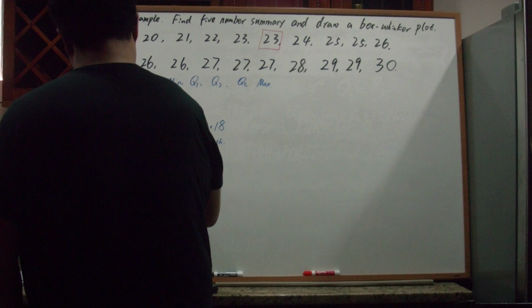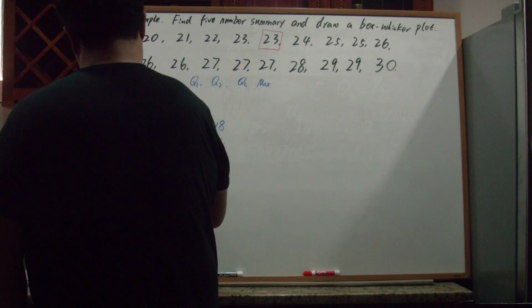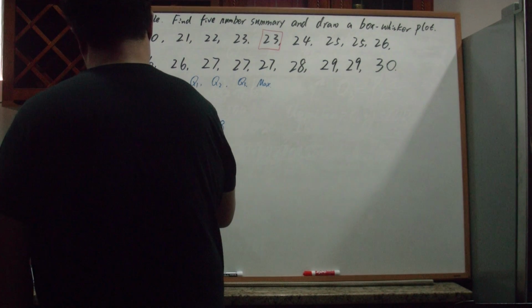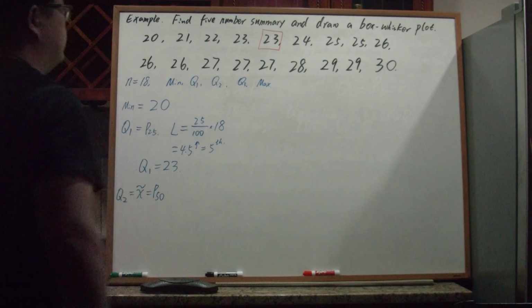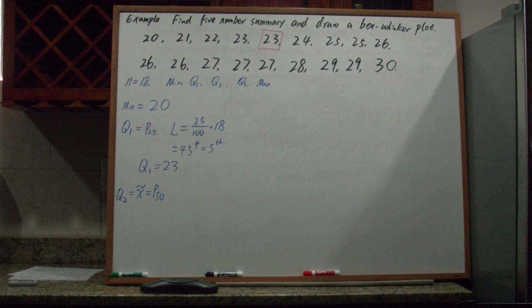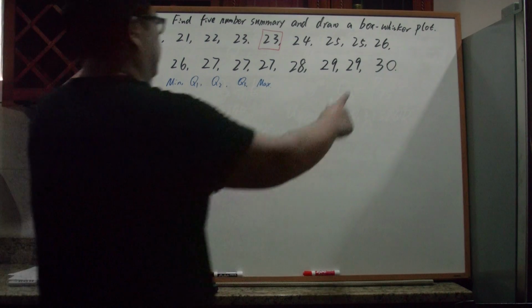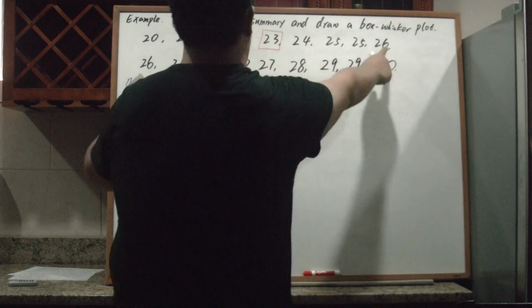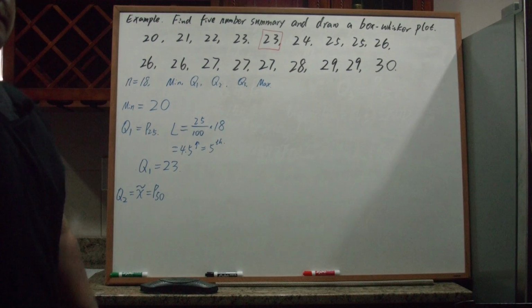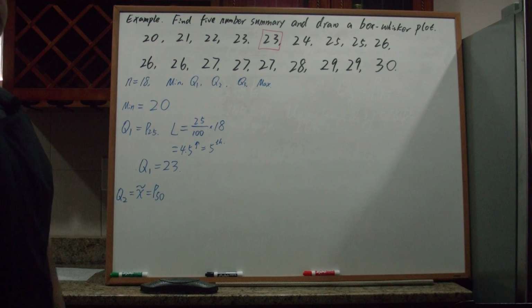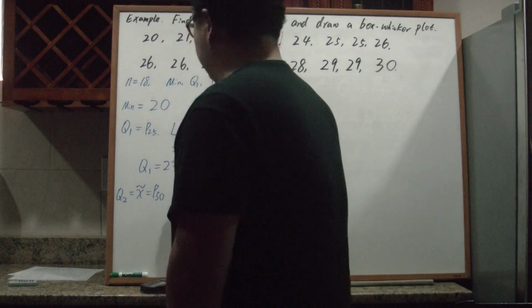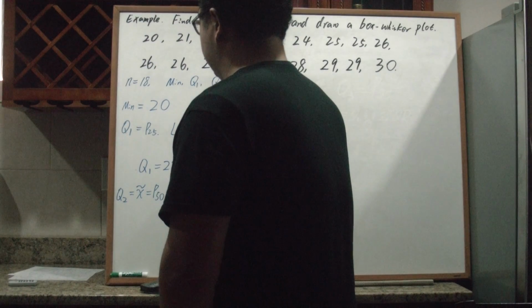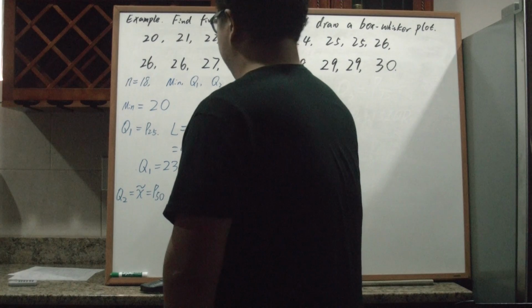Therefore, Q2. If you use the shortcut to find Q2, crossing out the first and last one by one, you're left with the middle 26, 26. That is the 50th percentile. If you use our locator, you should get the same answer.